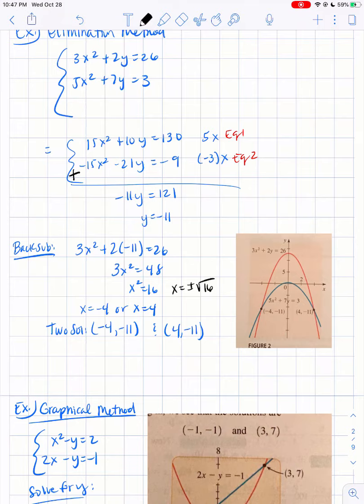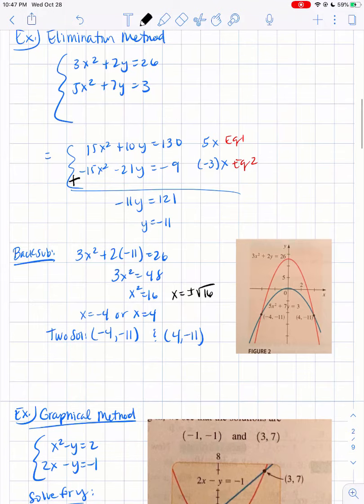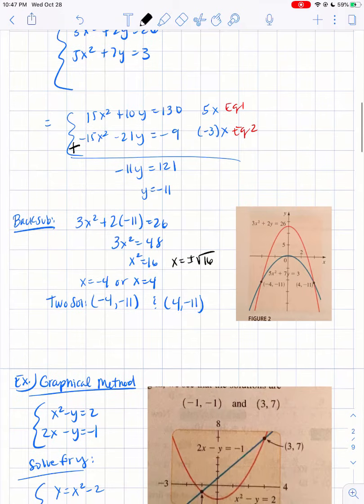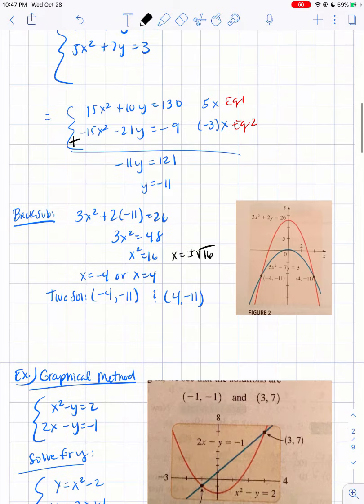Therefore I have two solutions: (negative 4, negative 11) and (4, negative 11). That's where these two parabolas intersect. Here's the graph, and these are my 2 points. It's basically the same y value, different x values.